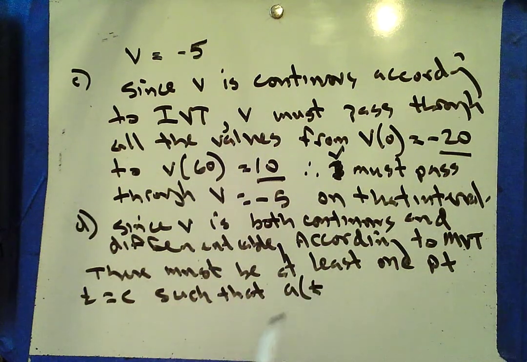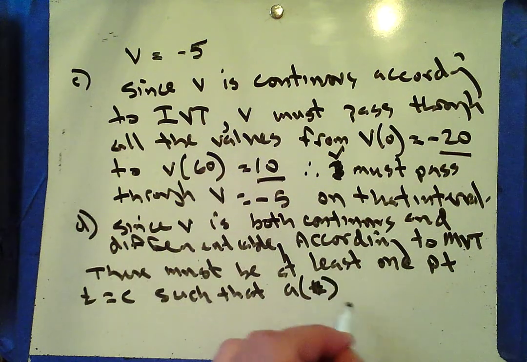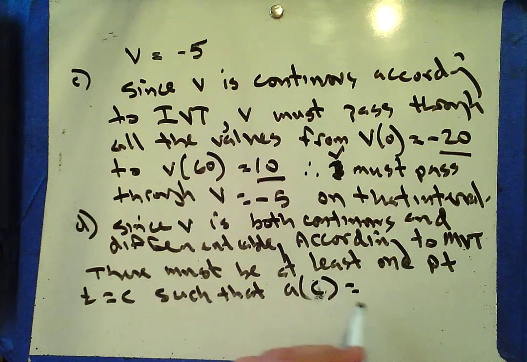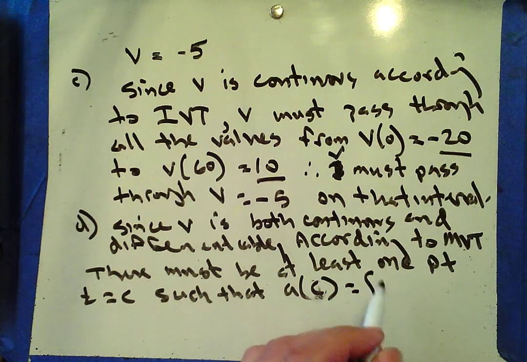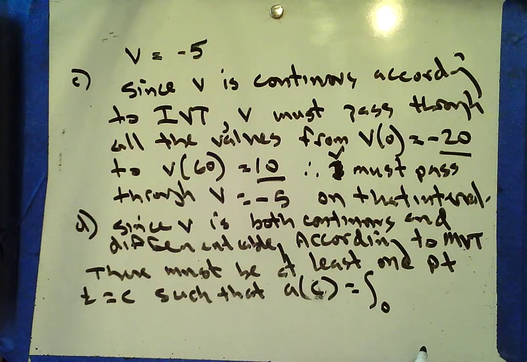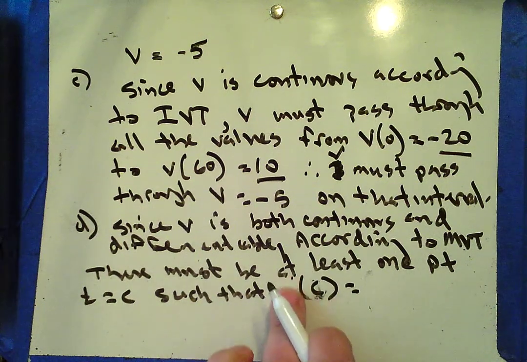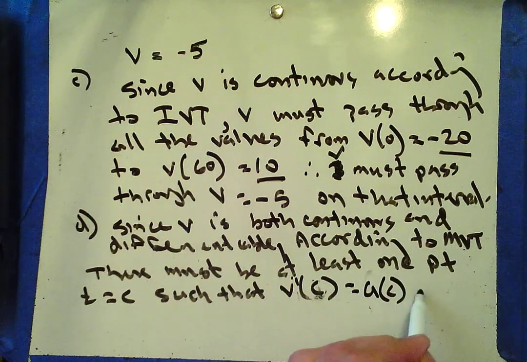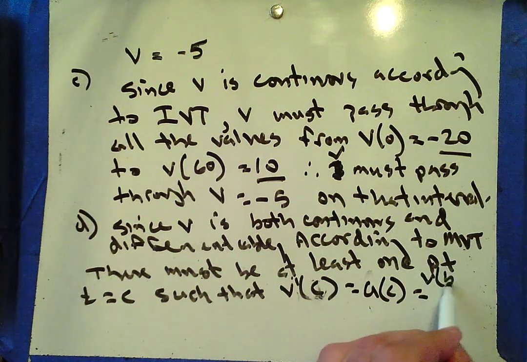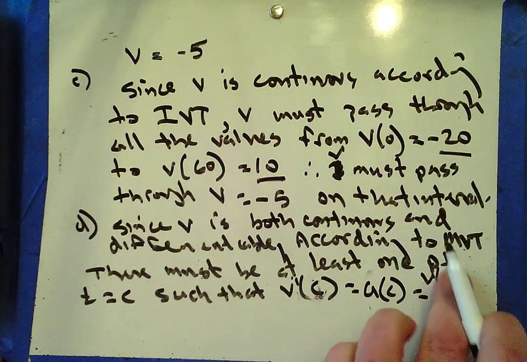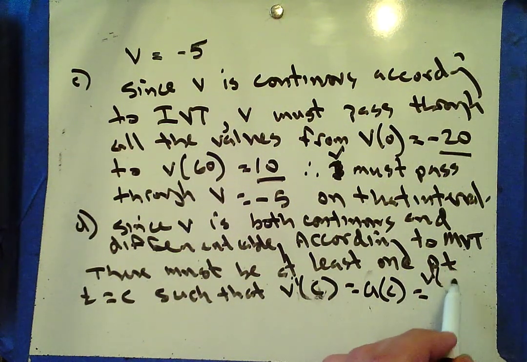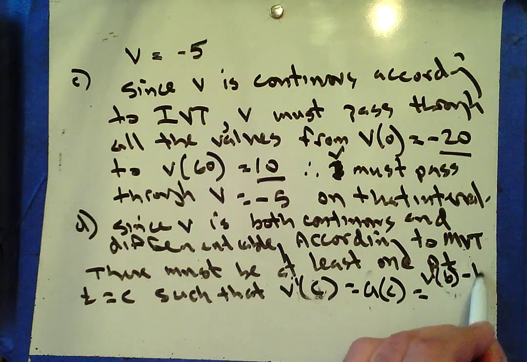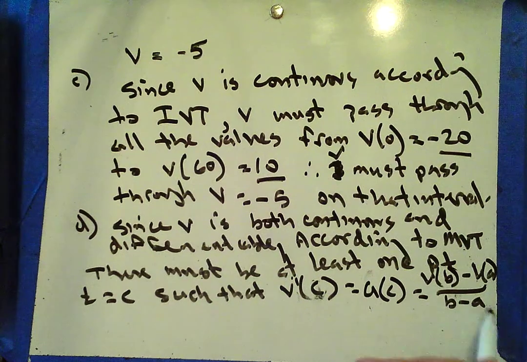a of c equals the integral from 0, no, that's not it at all, sorry. Where there we go, v prime equals a is v of b minus v of a over b minus a.